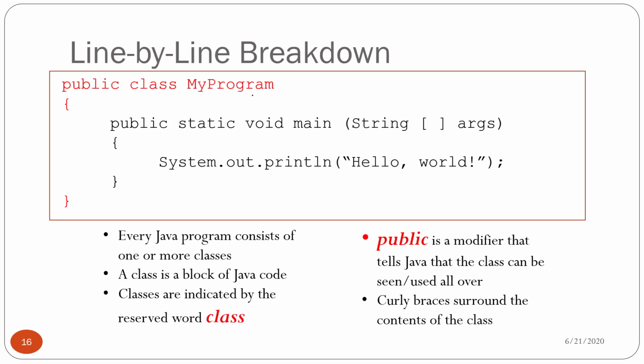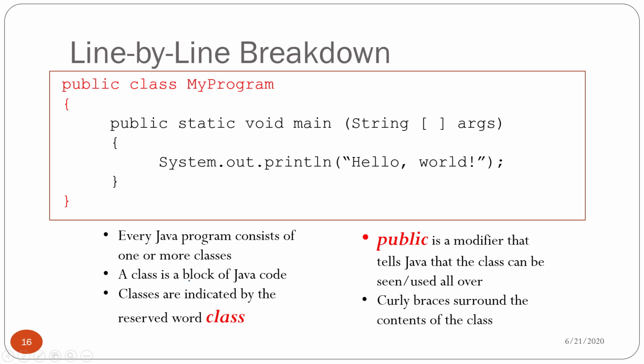Now we will try to understand line by line why we wrote it this way. So let's look at the outer block. What is this block doing? This block is defining your class. Every Java program consists of one or more classes.